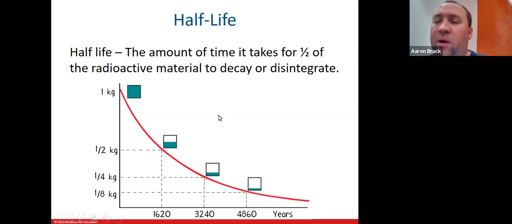Now, what's really interesting about radioactive decays is that the half-life for those decays is a set number, meaning it takes the same amount of time for half of the material to go away if I have 1 kilogram of it, or half of a kilogram of it, or a quarter kilogram of it, or any amount of it. In this case, 1,620 years is the half-life. So half of it will go away every 1,620 years.